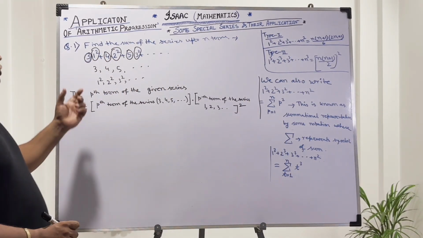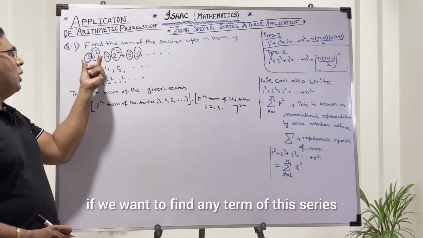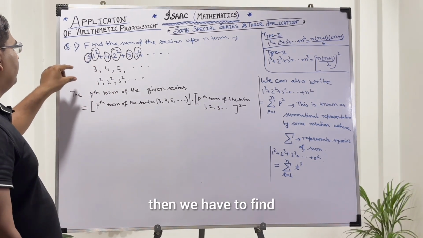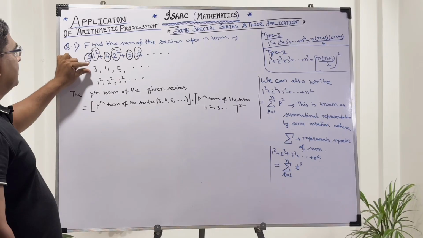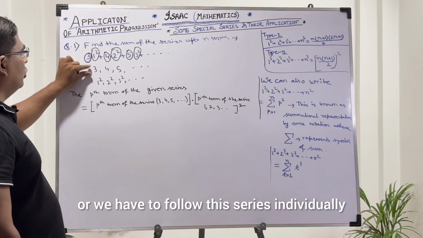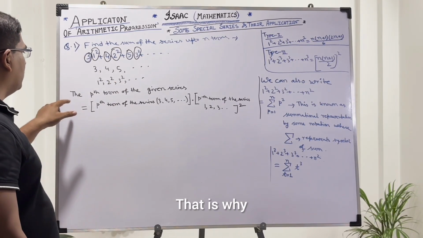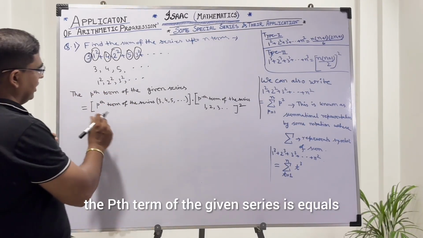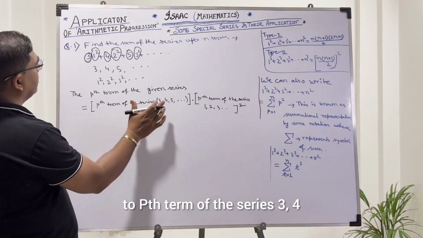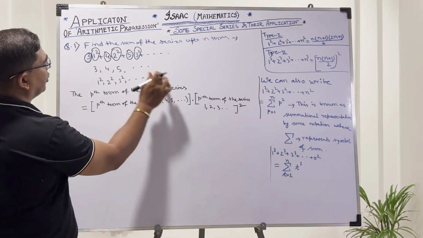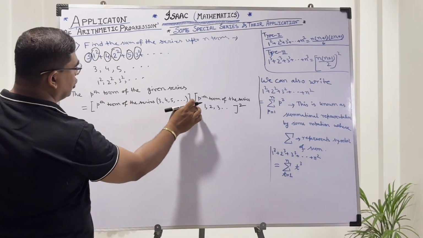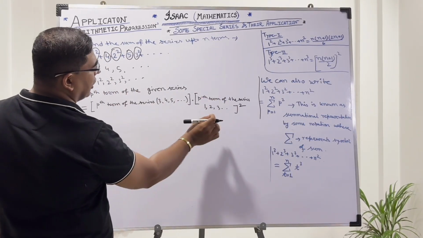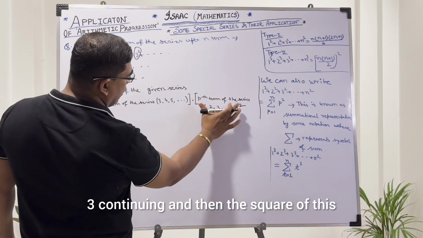Okay. So, if we want to find any term of this series, then we have to follow this series individually. That is why the pth term of the given series is equal to the pth term of the series 3, 4, 5 continuing into the pth term of the series 1, 2, 3 continuing, and then the square of this.